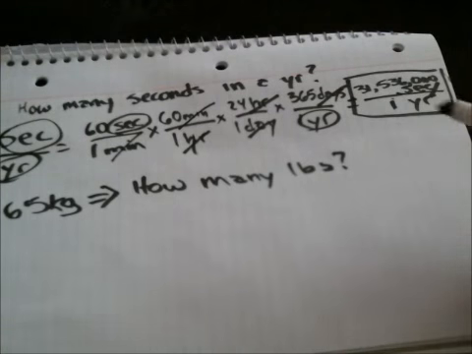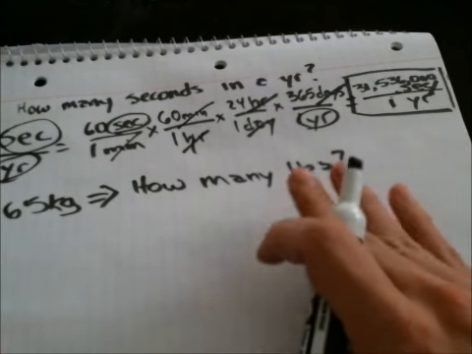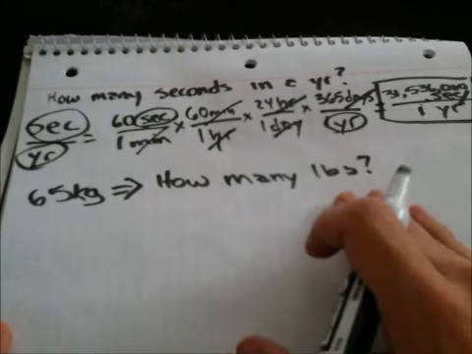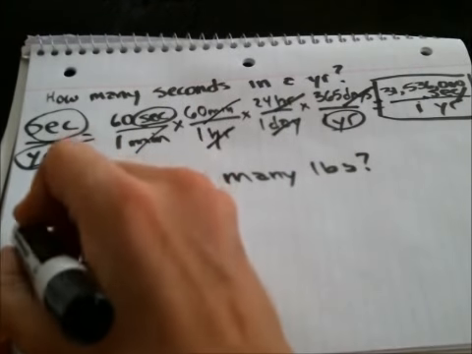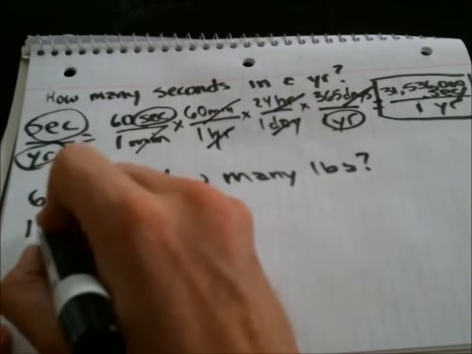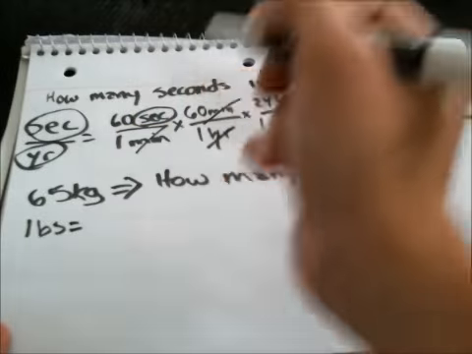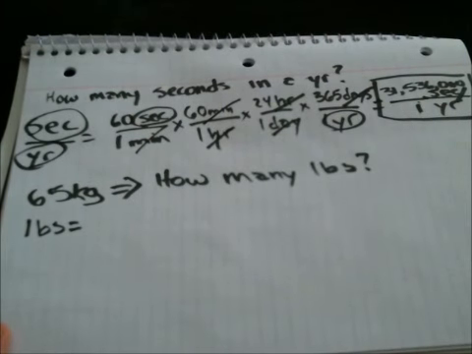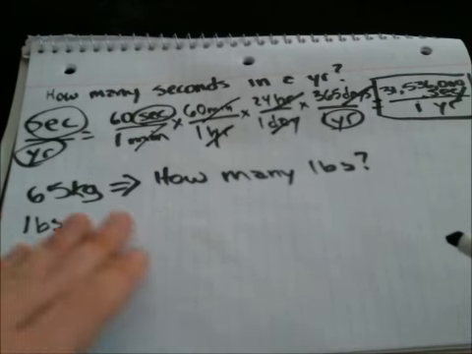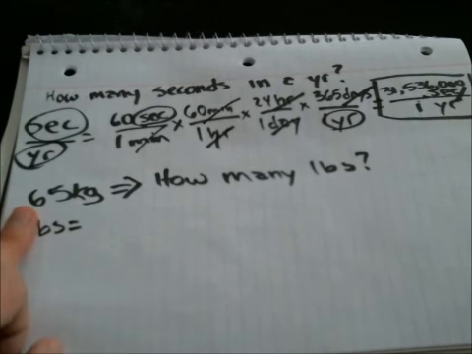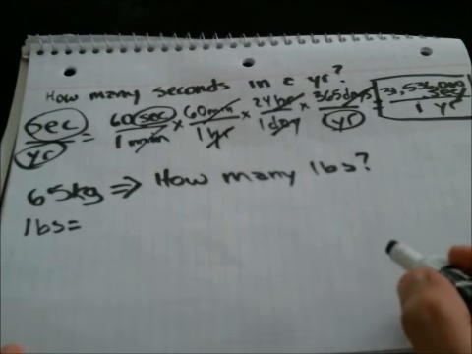So the question is, you always ask yourself first, what is the question? We're looking for pounds, right? So we can set up the question by writing pounds equals, and the only piece of information we have is 65 kilograms. We have to get somehow from pounds to kilograms. Well, what do we know?